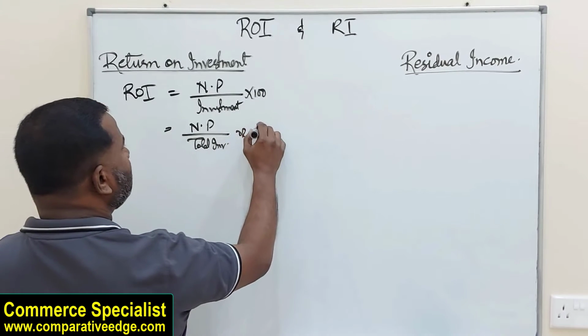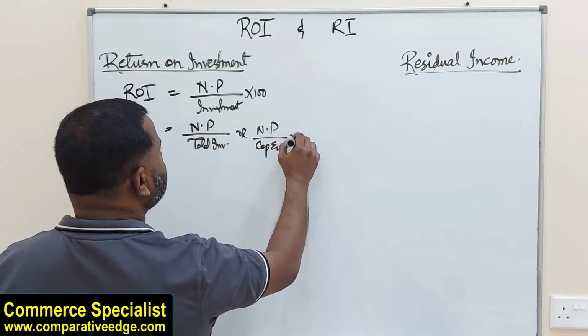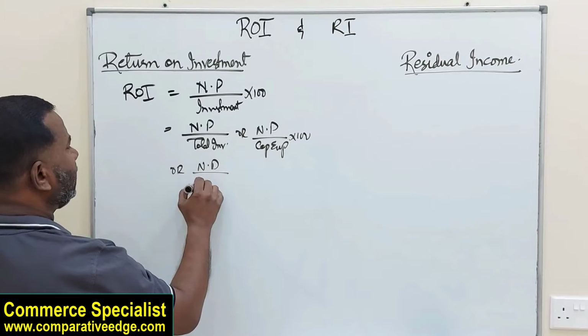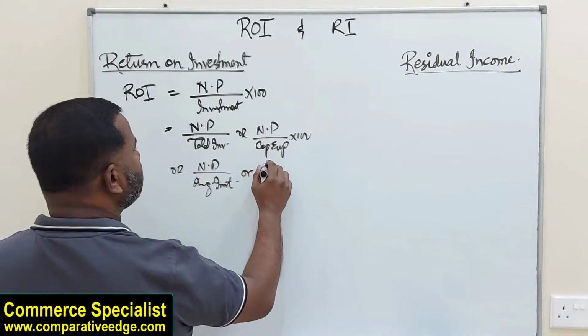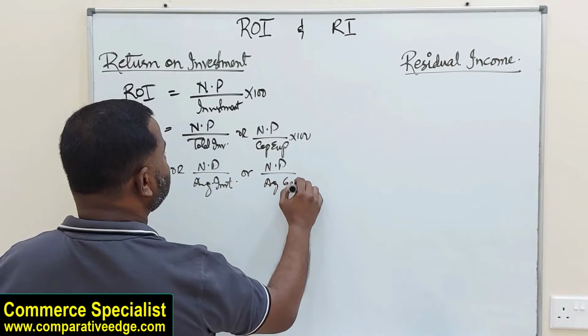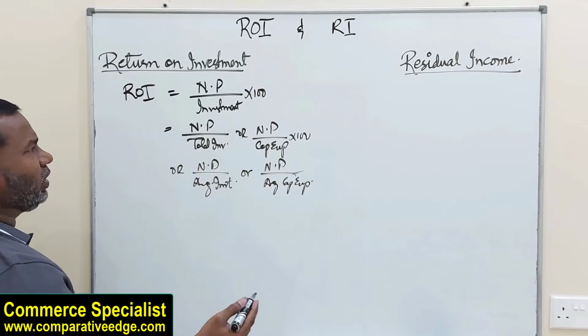Sometimes you can have net profit divided by capital employed into 100, or sometimes it is net profit divided by average investment, or net profit divided by average capital employed. So all the formulas are okay.